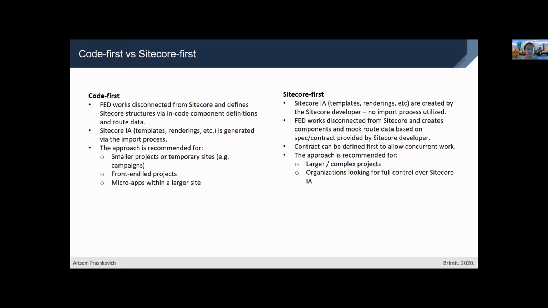This approach is recommended for larger and complex projects, for organizations looking for full control over the Sitecore information architecture. So our project is complex. We are definitely looking for full control over the Sitecore architecture. So the Sitecore first approach is an obvious choice in our case.